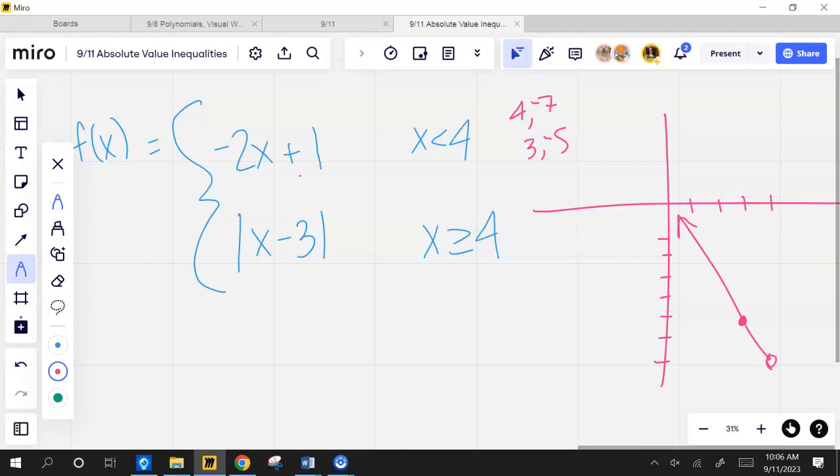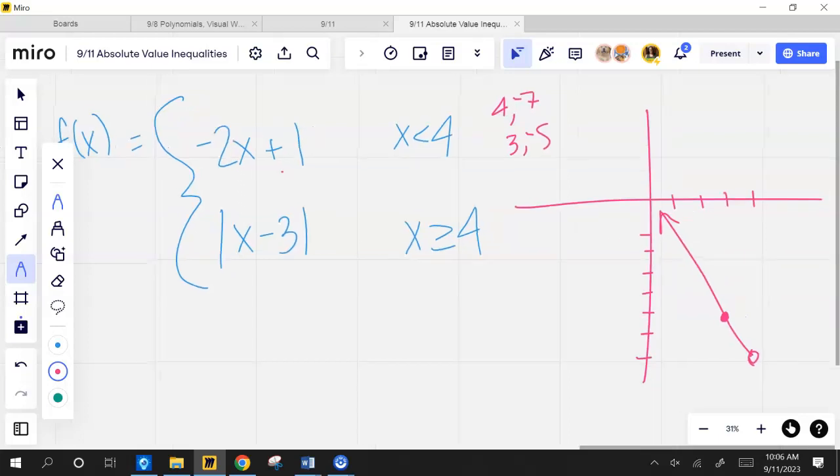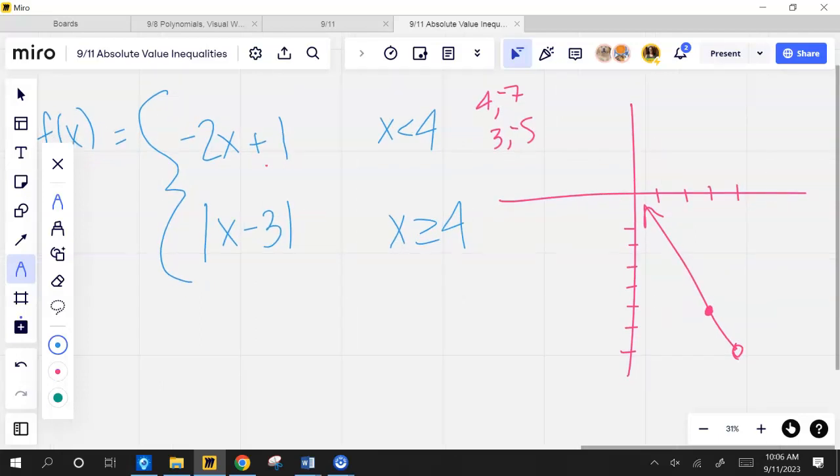All right, now here's where we have to think about this. Do I need the vertex, yay or nay? What is the vertex, first of all? 3, 0. Is 3 bigger than 4? No. So if this is where I'm cutting off, here's my vertex, and I don't need it.